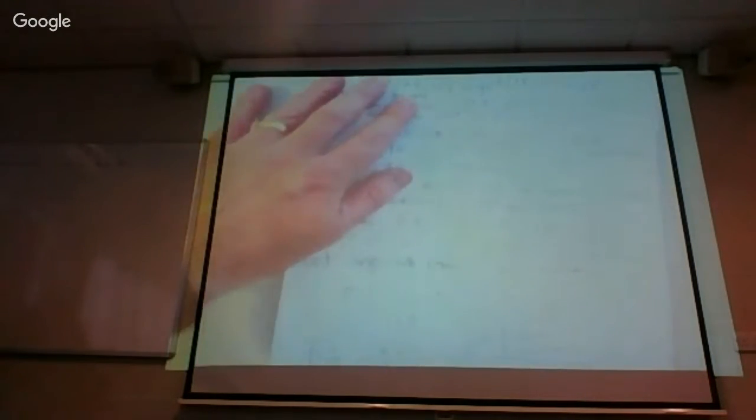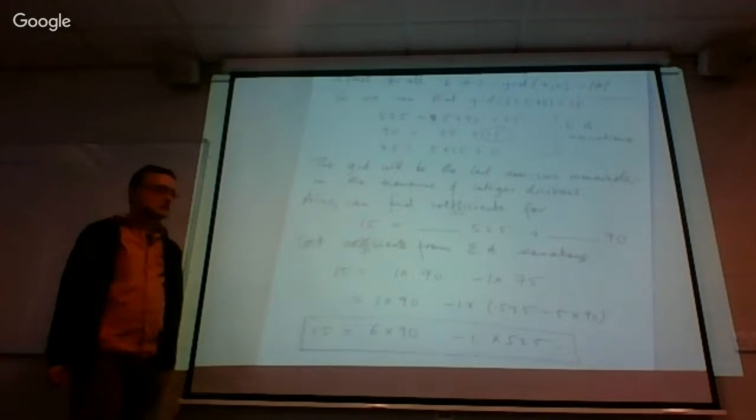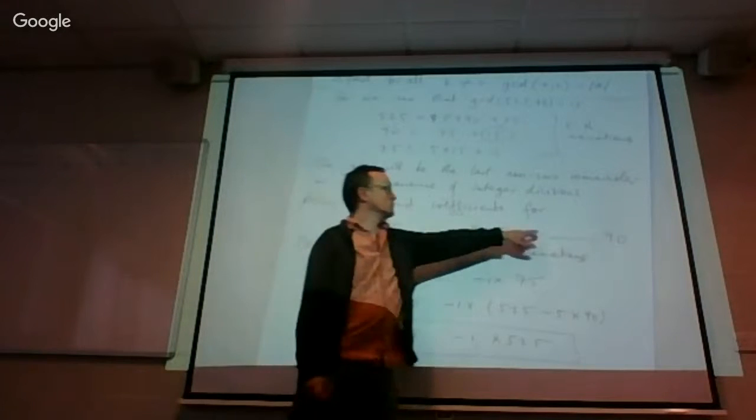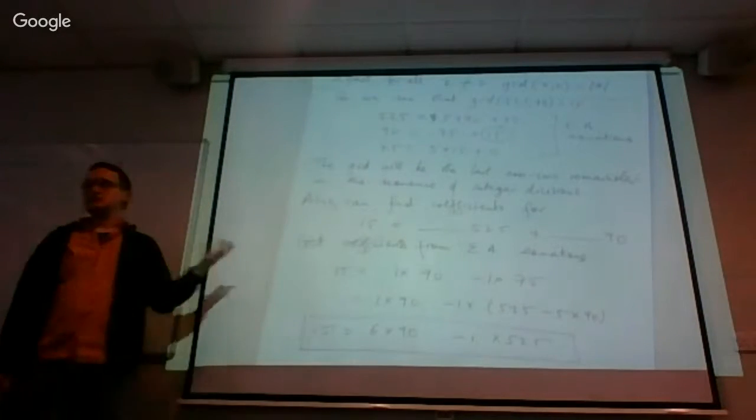And then collecting coefficients, I've got 6 times 90 minus 1 times 525. So that's 15. So by working backwards through the Euclidean algorithm equations, you get coefficients that give you the greatest common divisor as a linear combination of the two numbers.